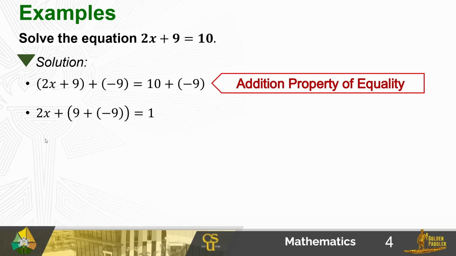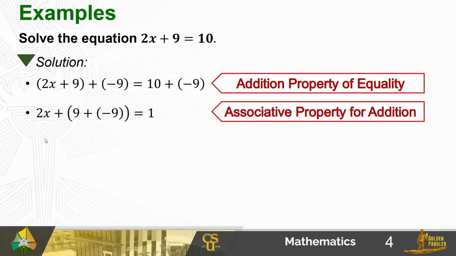So what field property or axiom of equality did we use in this step? Okay, so we use the associative property for addition. We simply change the grouping. Instead of 2x and 9, we group it as 9 and negative 9.